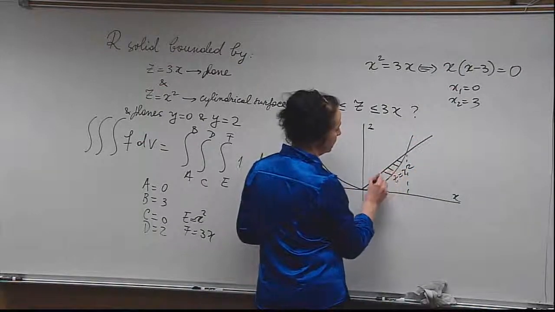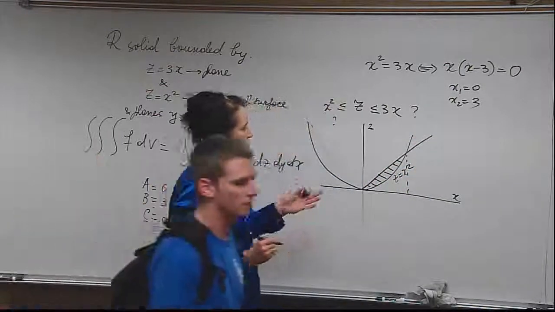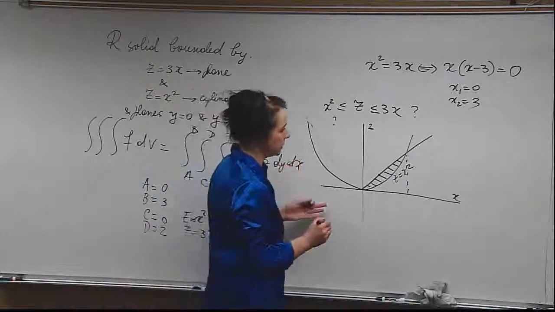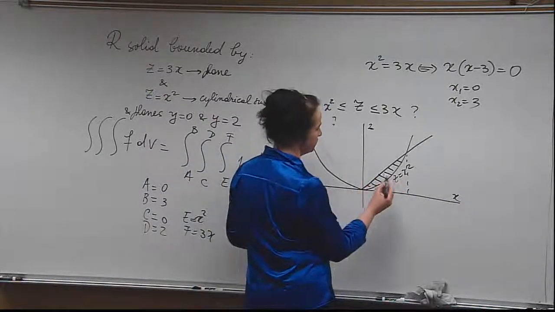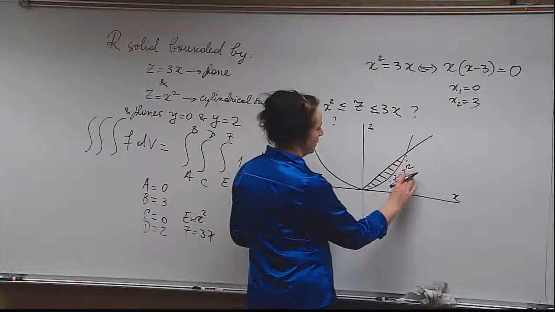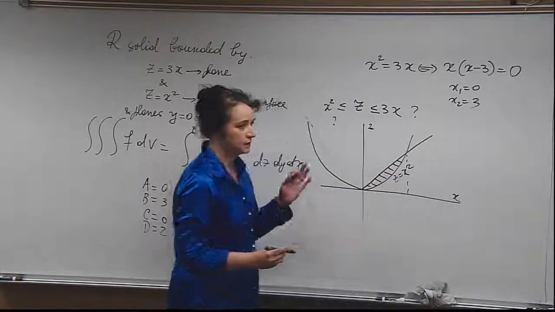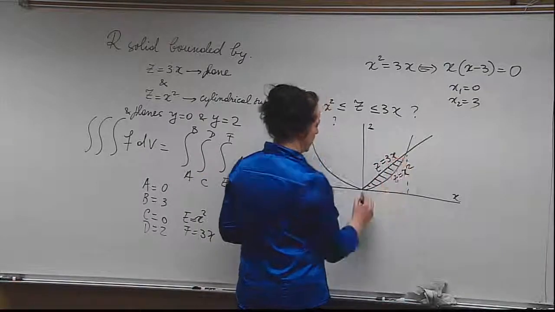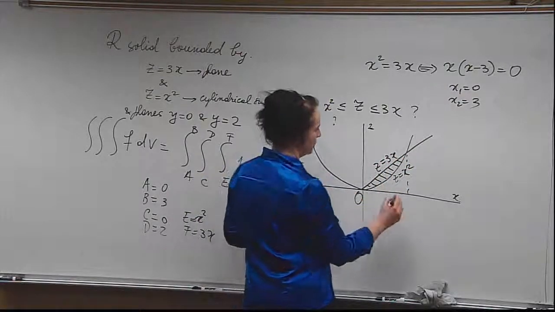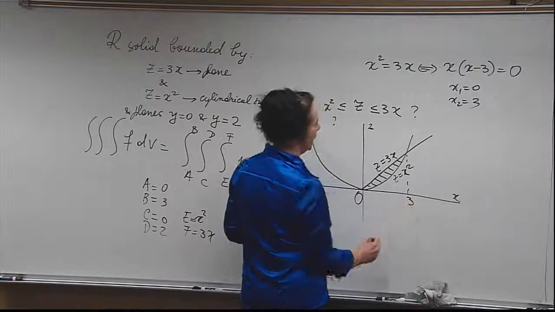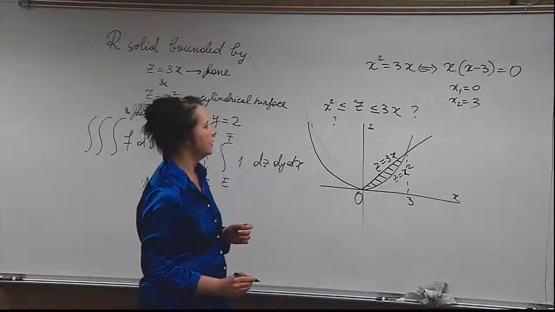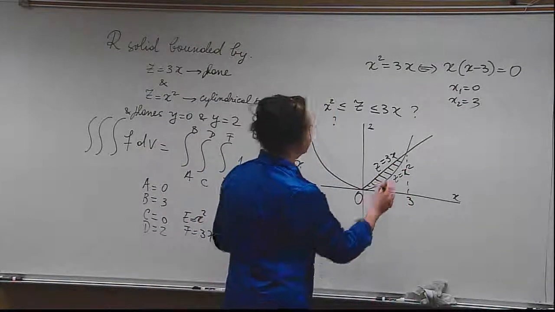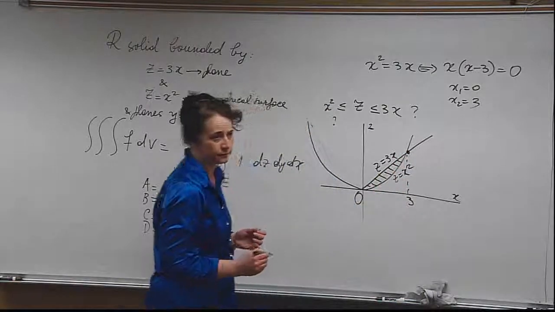So we are thinking of just this striped piece of the domain in xz, between z equals x squared and z equals 3x. This is the origin, and this is 3. So at 3 they meet again.